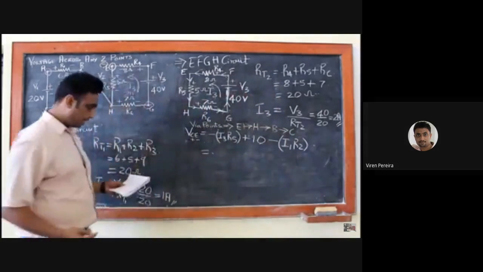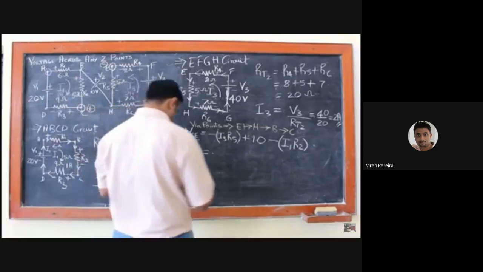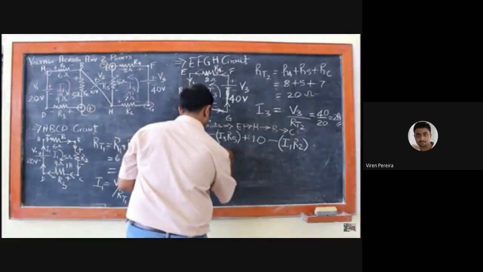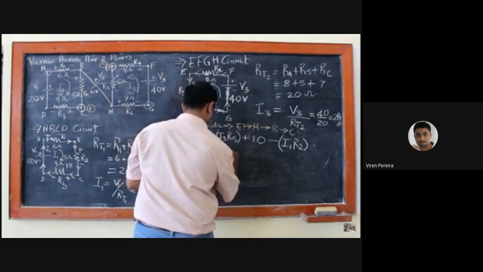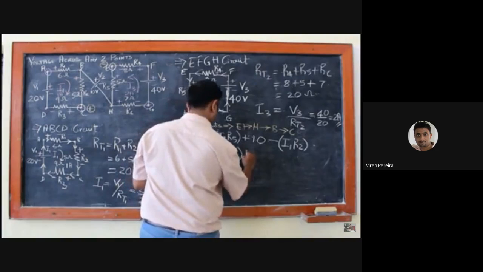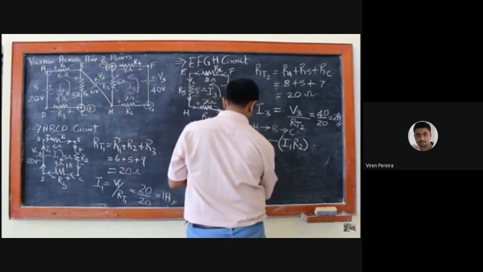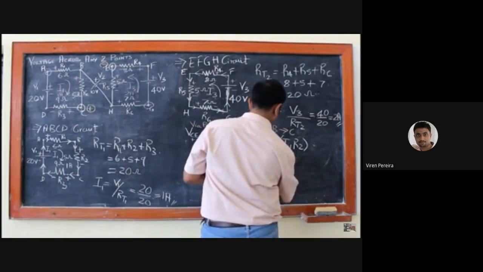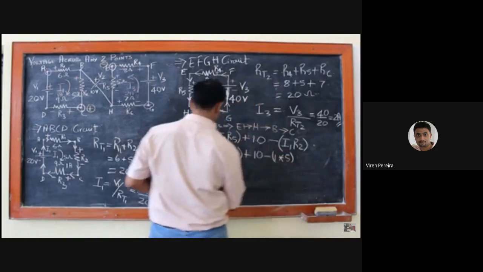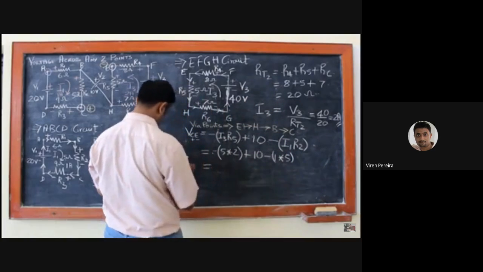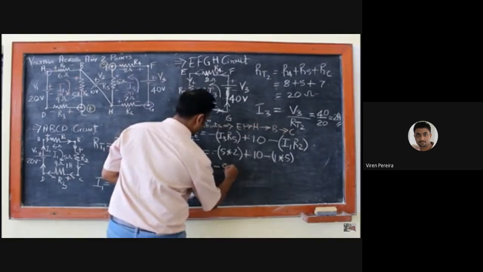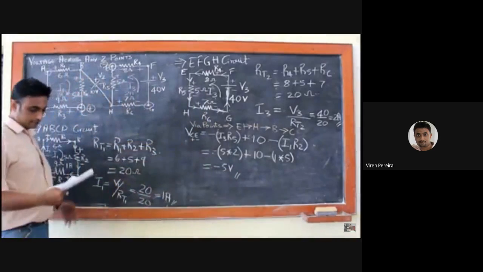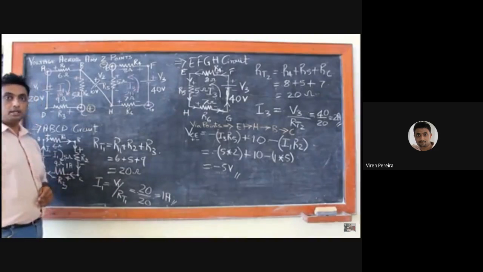So substituting the values, we get minus 5 into 2 plus 10 minus 1 into 5, which will give me minus 5 volts. So I am getting minus 5 volts.